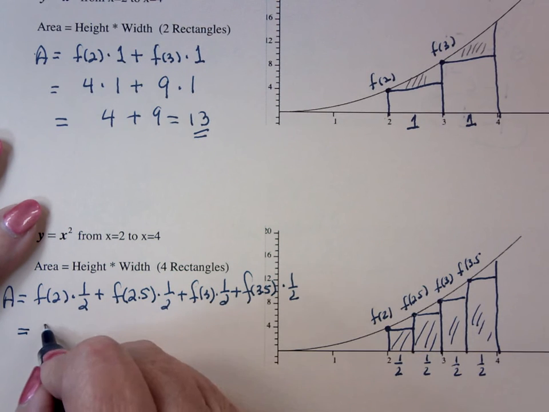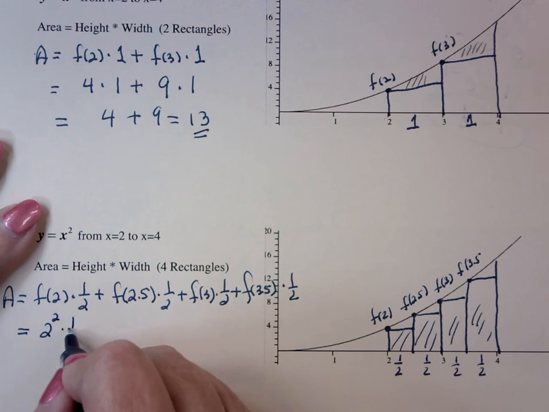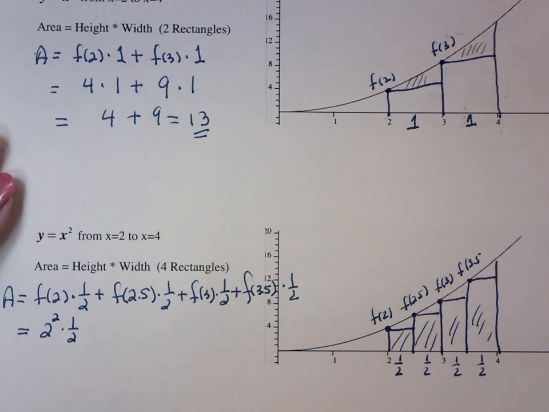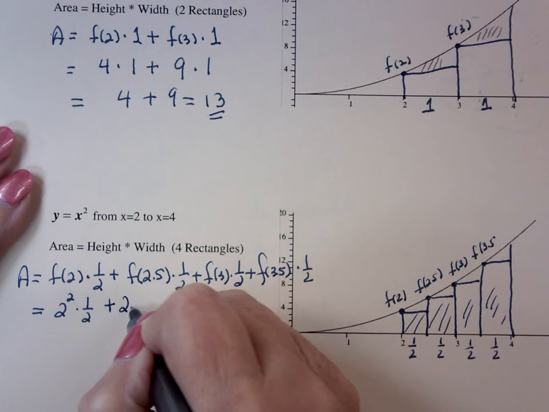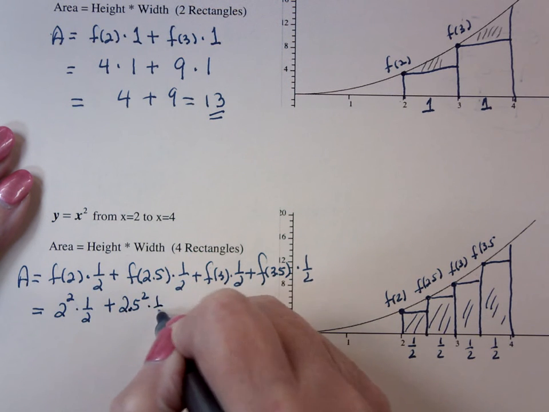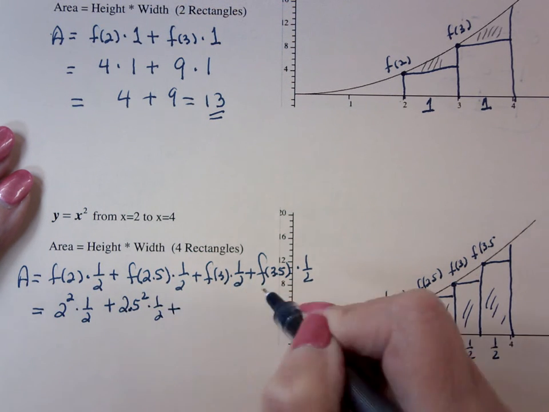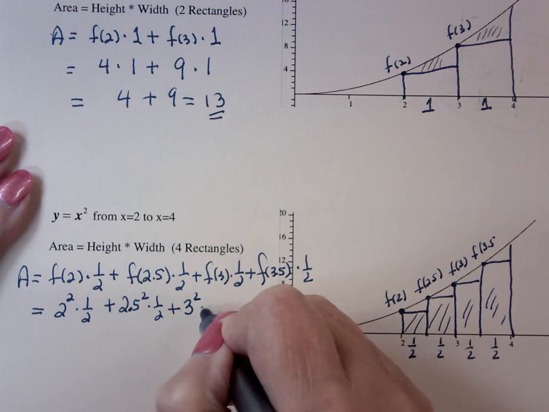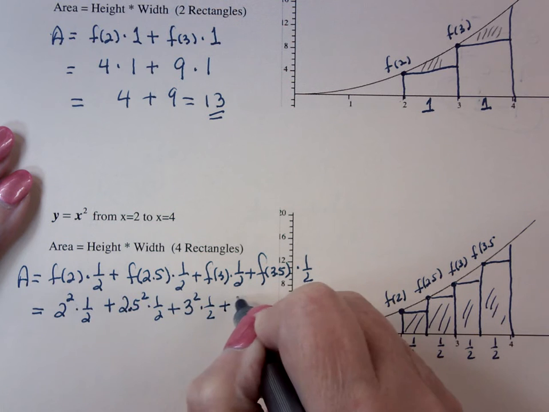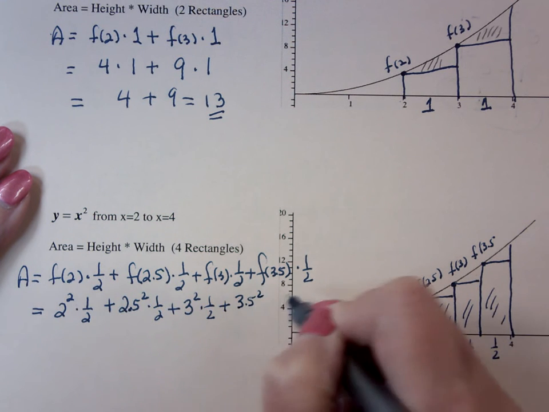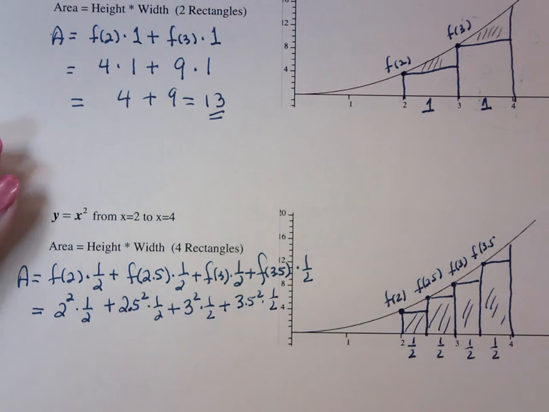Now this would be 2 squared times 1/2, because the function is x squared, plus 2.5 squared times 1/2, plus 3 squared times 1/2, plus 3.5 squared times 1/2.